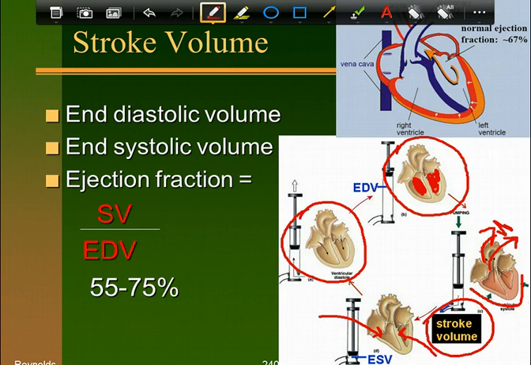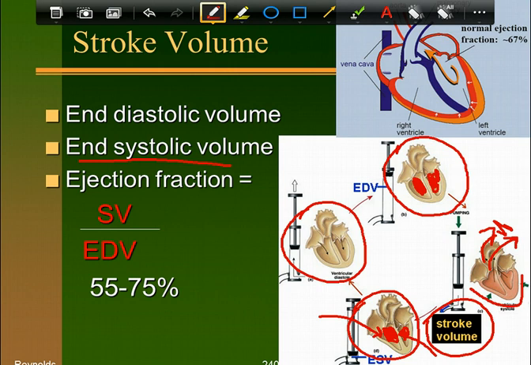Now, at the end right here, after the blood has gone out during that contraction, there's still blood sitting in the ventricles. Not all the blood goes out. If you measure it, that volume is called end systolic volume. It's the amount of blood sitting in the ventricles at the end of systole.